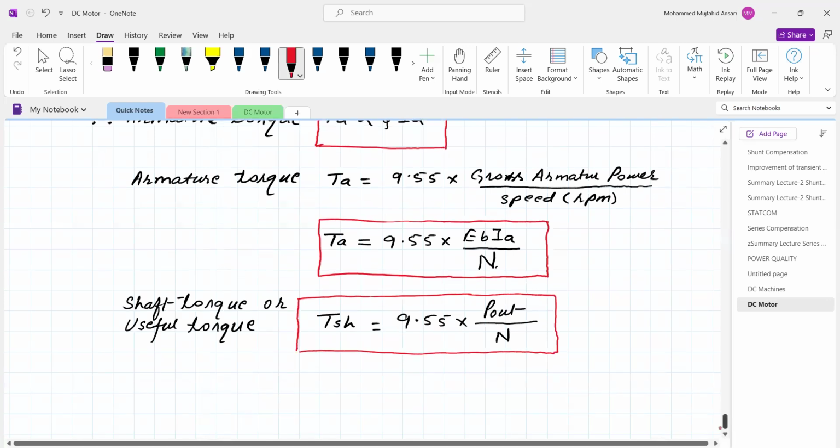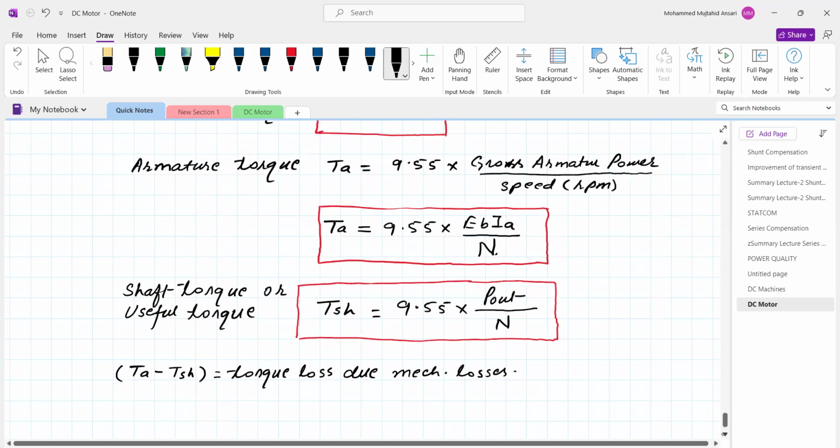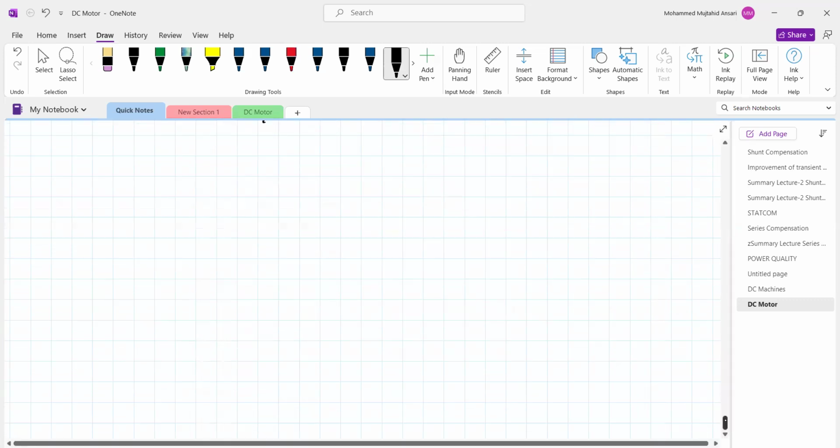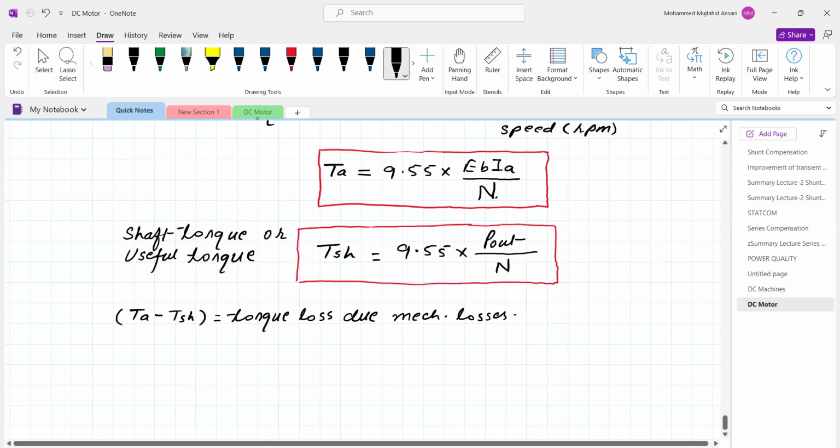So we can say that TA minus TSH is the torque loss, a loss of torque due to mechanical losses. It is very simple. From this we can go for different types of numericals based on this.